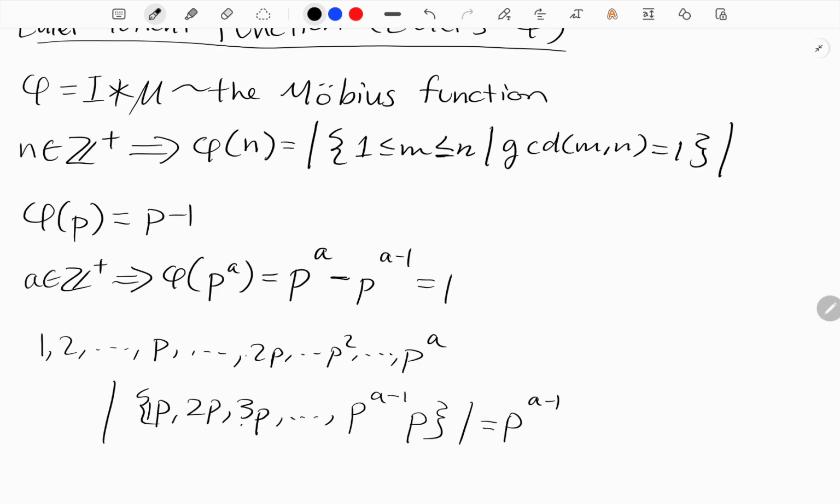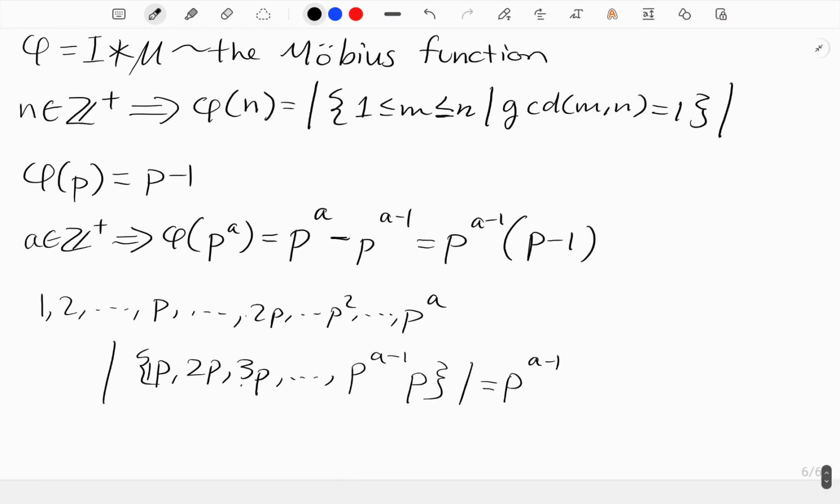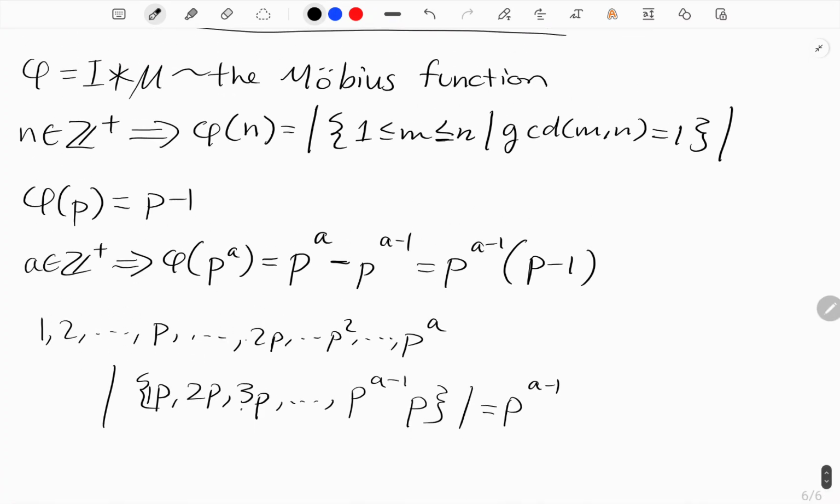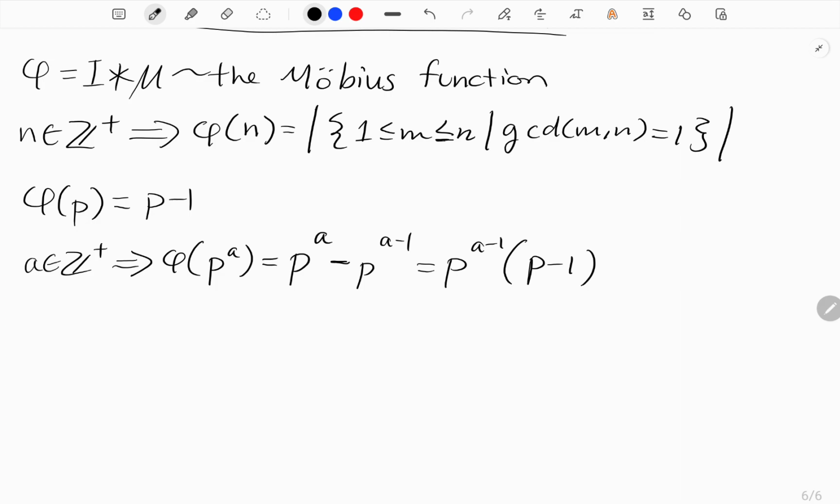And of course, you can factor out the p to the power of a minus 1. So you get p to the power of a minus 1 times p minus 1. All right, so that's that. And you see here that if a is equal to 1, you indeed just get p minus 1.